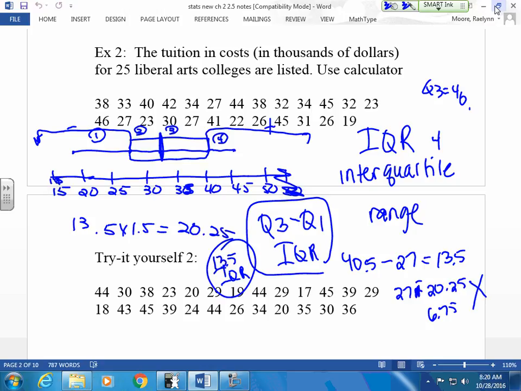Now we're going to take your quartile 3, which we have here, 40.5, and we're going to add 20.25, and we're going to get 60.75. This is where we're looking. Do we have any data past that point? So technically we have no outliers. And we can kind of see once we sort it that we didn't have any outliers, right? Our data was pretty much close together.